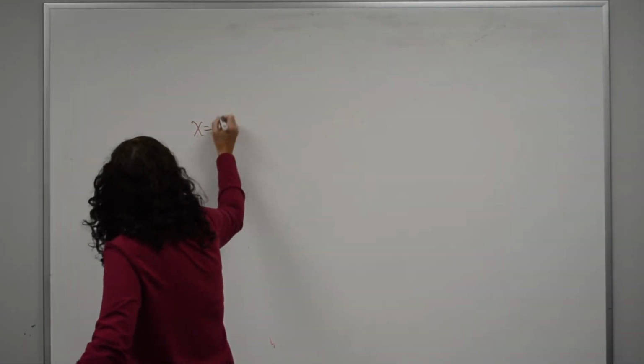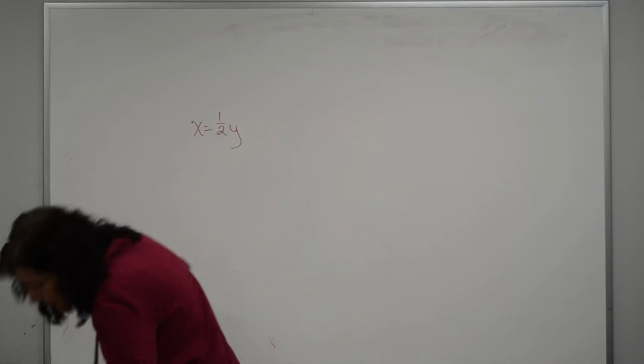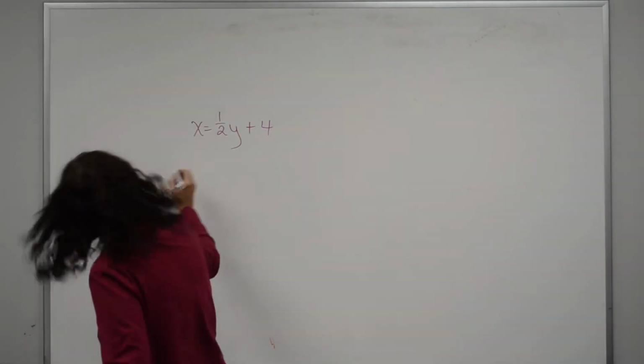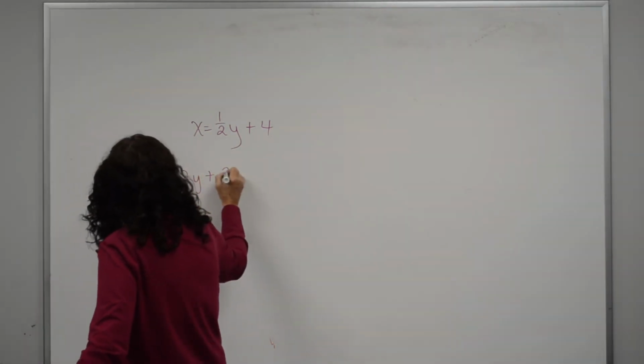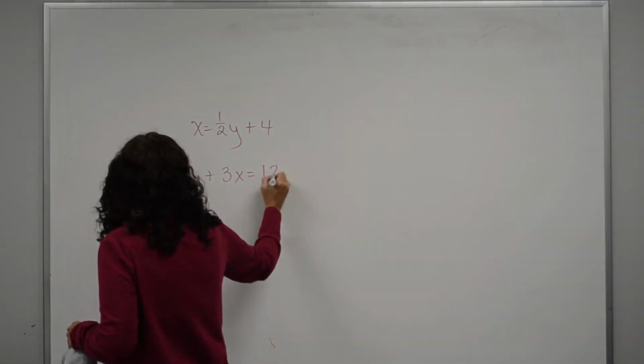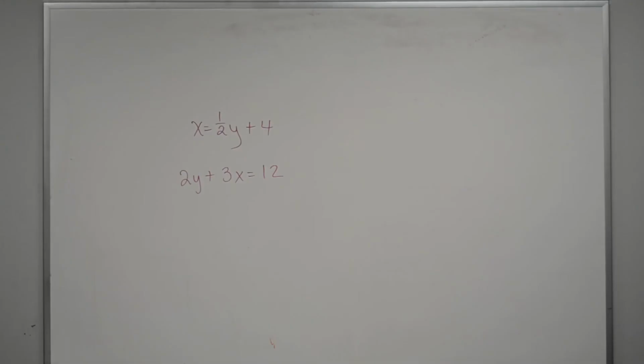One that would be set up perfect for substitution is this one. And it would almost be crazy to do elimination on this. All right, solve that one by substitution.